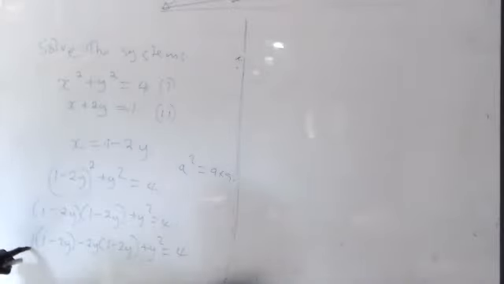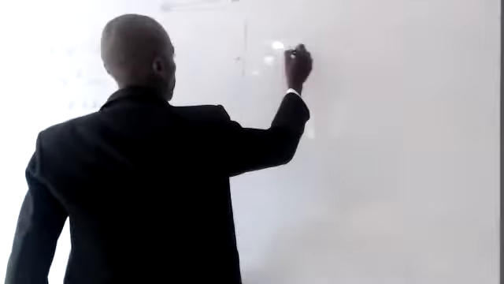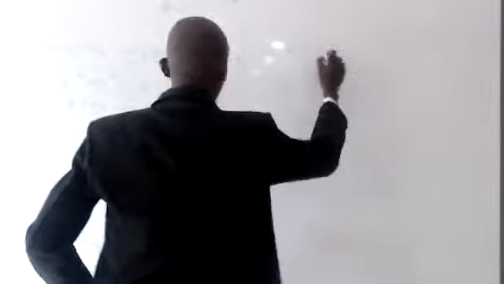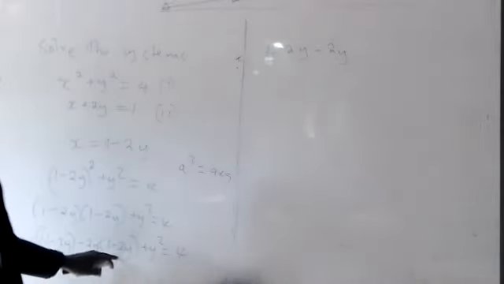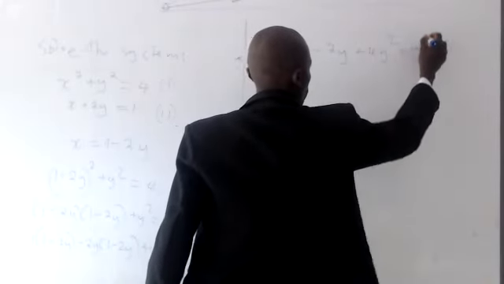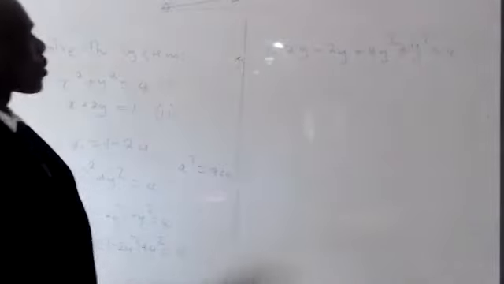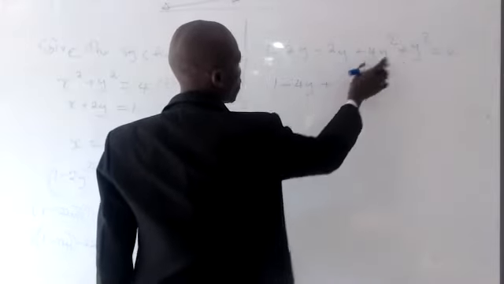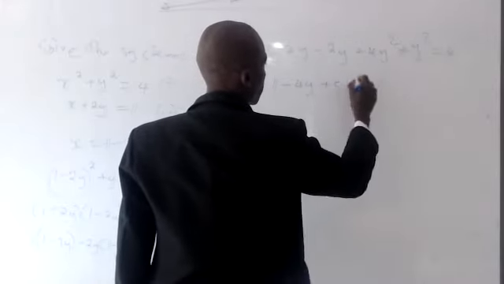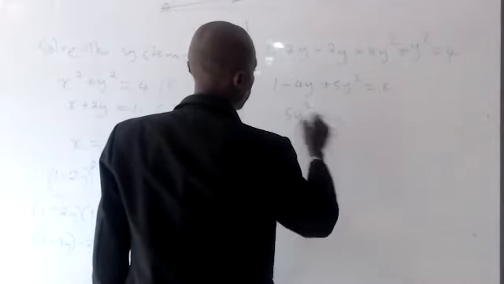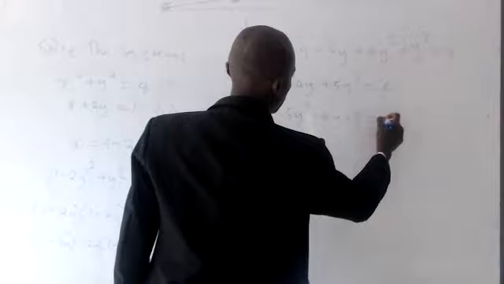So this is 1 minus 2y, minus 2y times 1 is minus 2y, minus 2y times minus 2y is plus 4y squared. So plus y squared, this gives you 4. So here we have 1 minus 4y plus 4y squared plus y squared, giving you 4. So this gives you 5y squared minus 4y minus 3 is equal to 0.